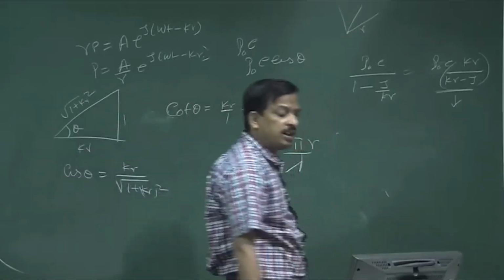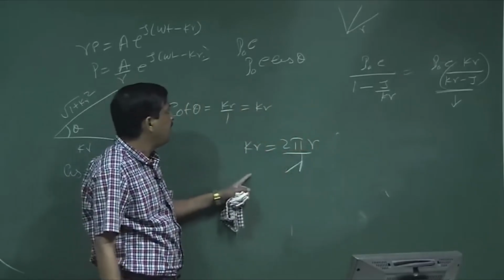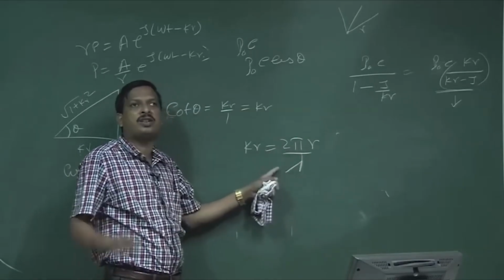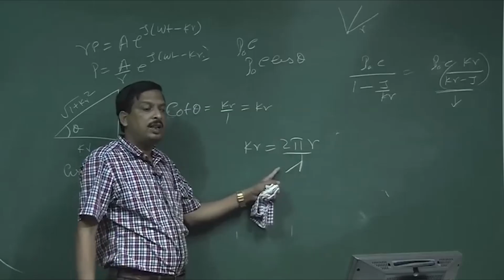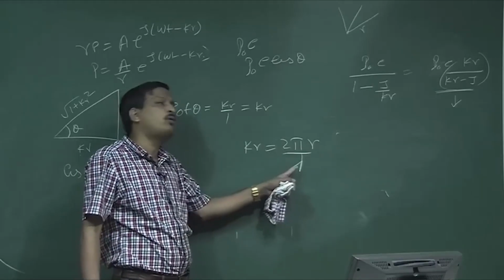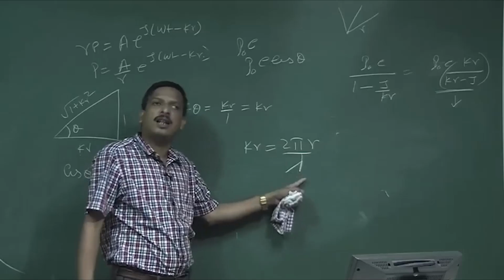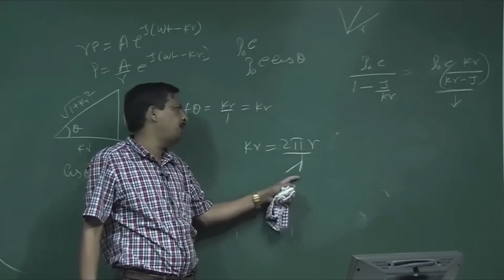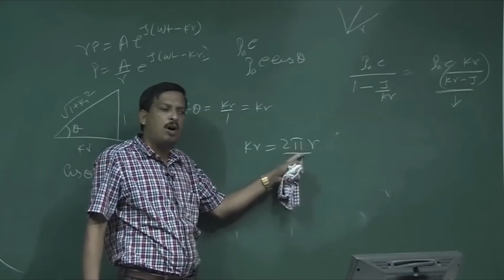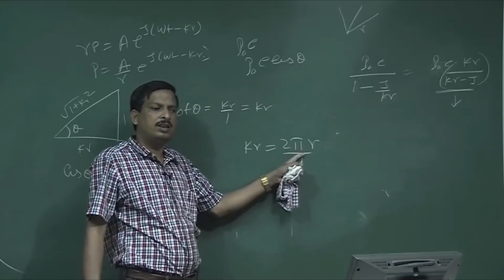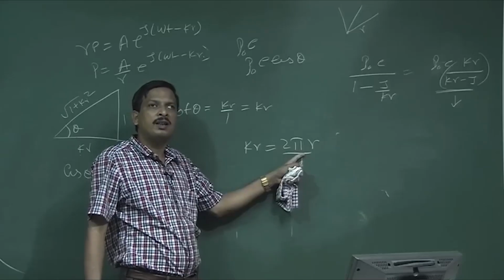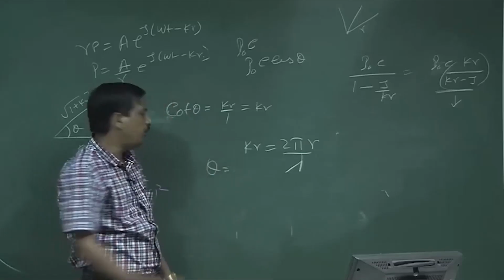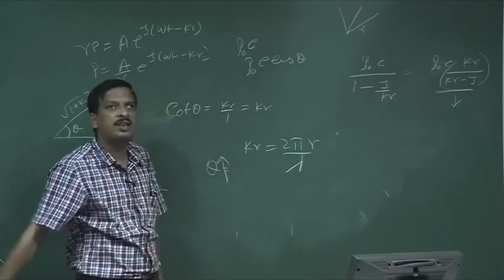That means the distance travelled by the acoustic wave from the source is very small compared to the wavelength of that acoustic wave. Then the value of theta will be very large.